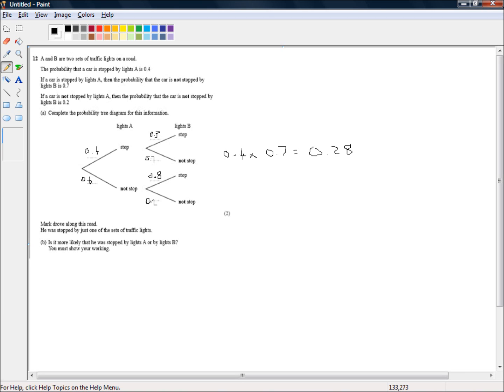Now, the other option that he could have been stopped by just one set of lights is that he was not stopped by lights A, but he was stopped by lights B. So that's coming down here and then going up here. So that's 0.6 times 0.8, which is equal to, well, 6 times 8 is 48, so that's 0.48.